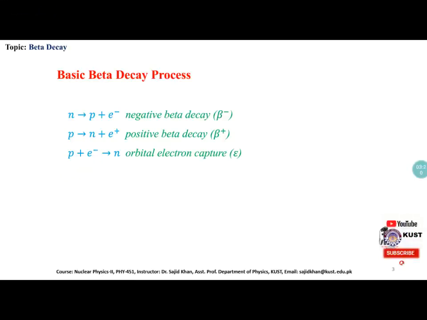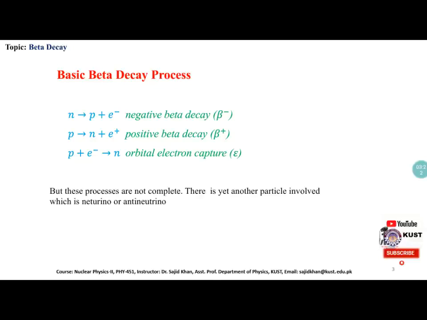Okay, but these processes are not complete, and there is actually another particle needed in order to complete the process. I will discuss why we need another particle for the complete description of these processes in the coming slides.